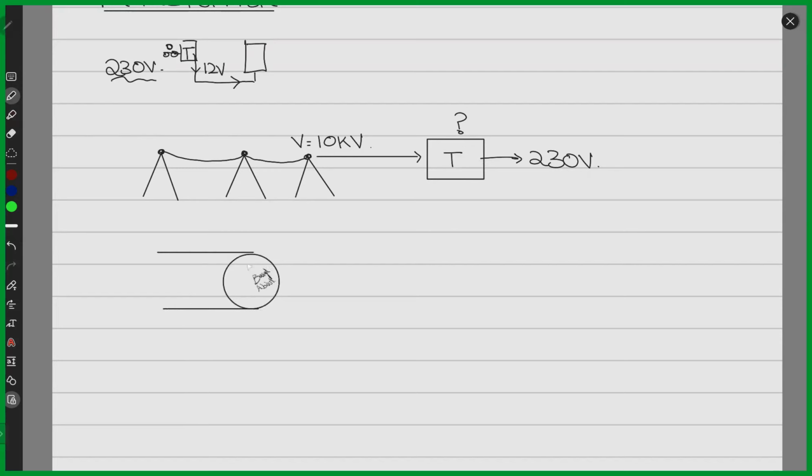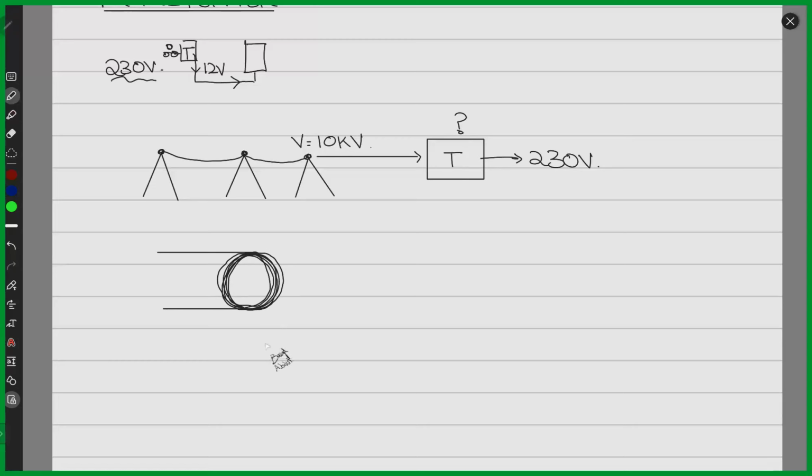Okay, so this is my coil, right? And it's not just one turn, it has many turns. So it's a coil of wire with some turns over it. Now, you measure the number of turns over here.